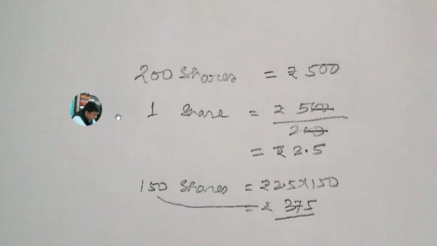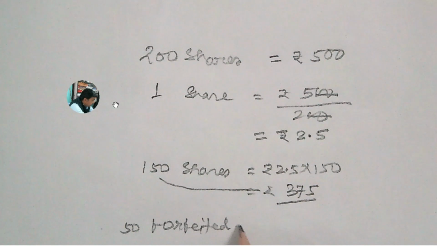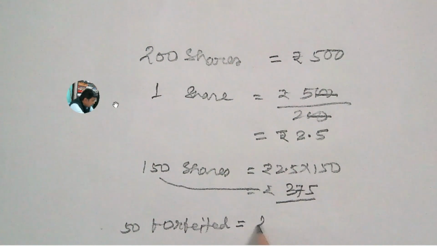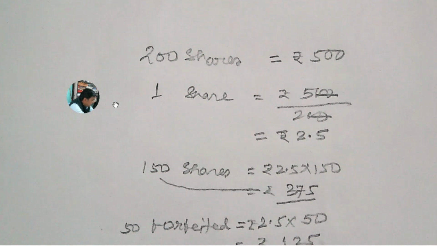Now the company has not reissued 50 forfeited shares. For those 50 forfeited shares the forfeited amount would be 2.5 rupees into 50, so it will become 125.